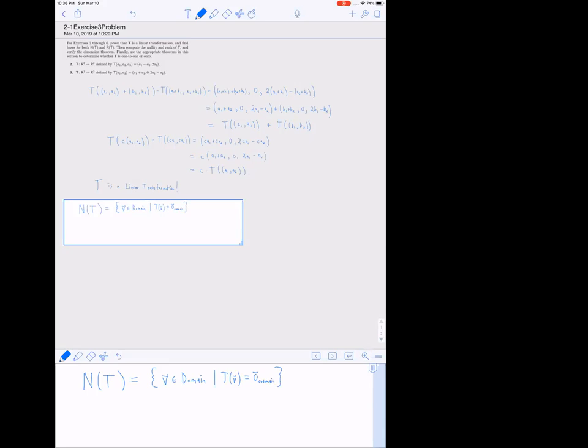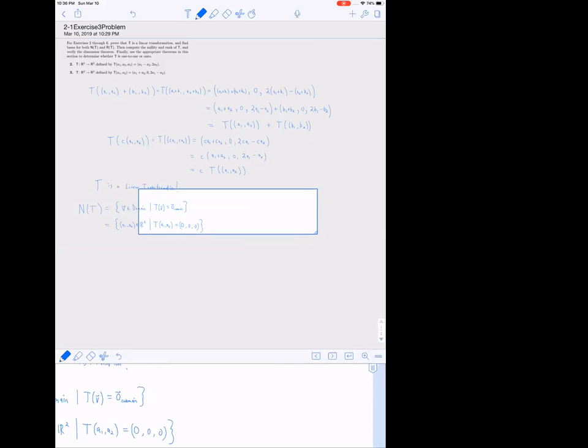So in this case, the domain is R2, so that will be vectors in R2 of this form, satisfying the condition that T of it is equal to the zero vector in R3. Well, that's just a 3-tuple of zeros.